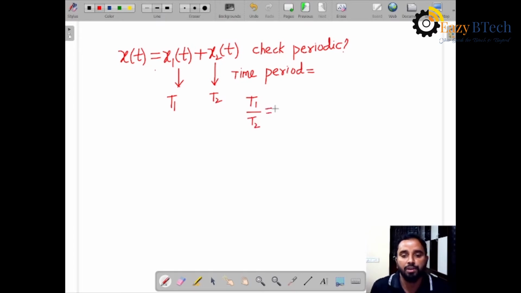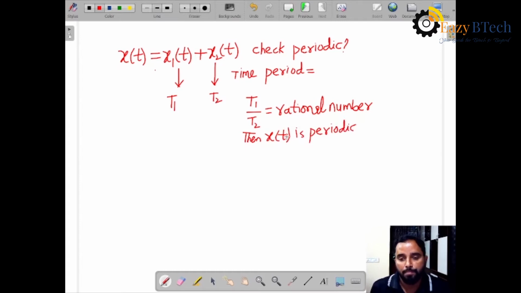If t1 by t2 is a rational number, then the given signal x of t is periodic.